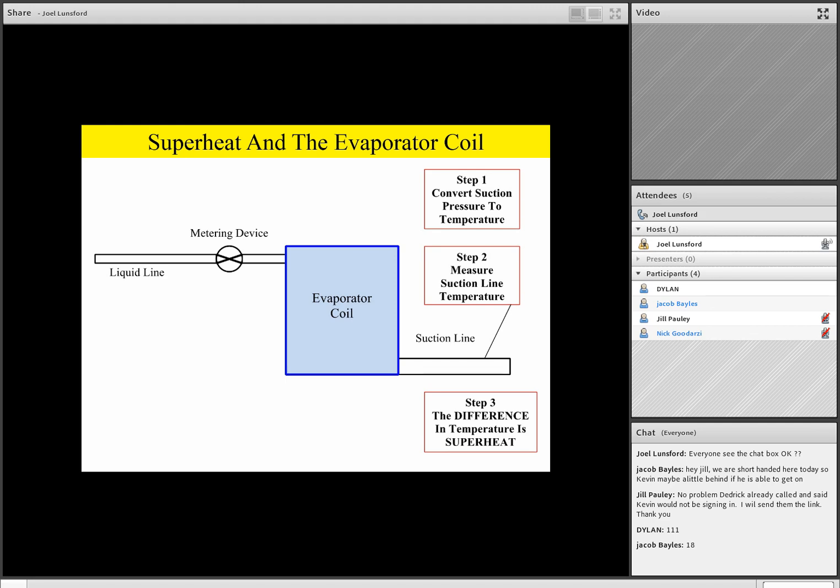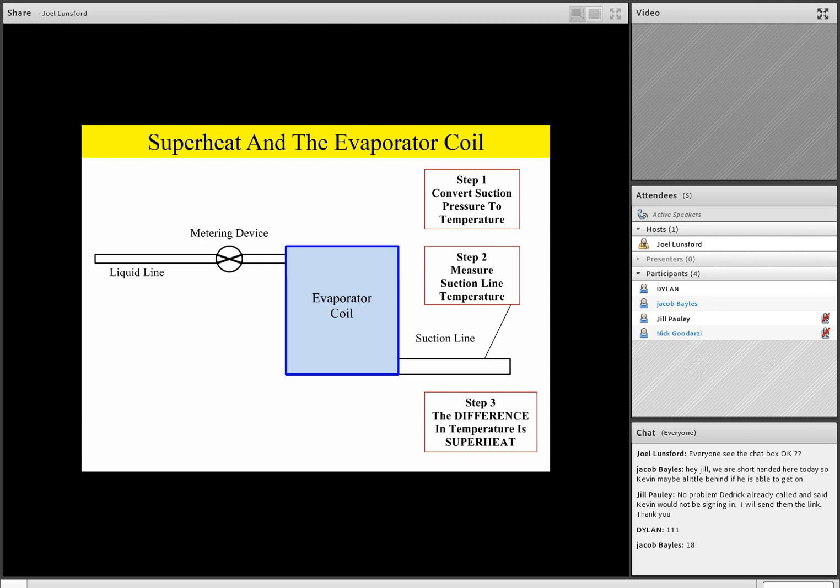Now we find that if it has a piston on the indoor coil, on the evaporator coil, we're going to have to hit the superheat chart to find out what normal is. Or if it has an expansion valve on it, please write this down or make a note on this page. Superheat with an expansion valve should be about 10 to 15 degrees under normal running conditions.